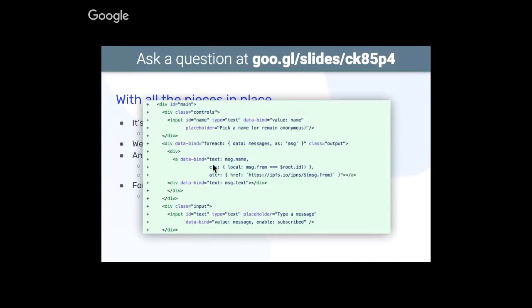For each message, we're going to create a link element which has the name of the user who created the message, and we're going to style it using whether it was the local user or some remote user, and create an href that links to that user's IPNS profile. So this is just some nice syntactic information, the username and coloring and things like that. And then the main thing is that we're going to bind a separate div whose text will be equal to the text of the message, so that we actually get a building list of messages.